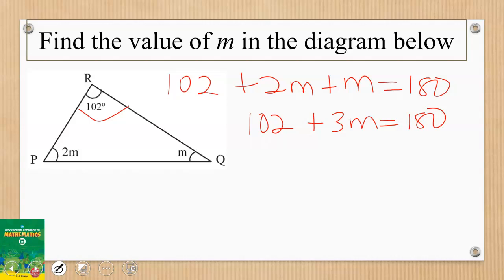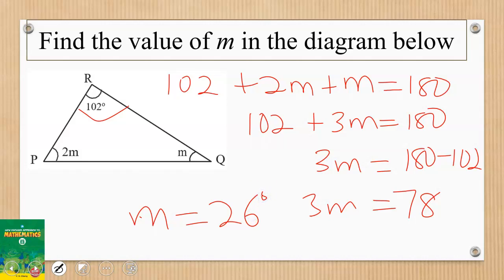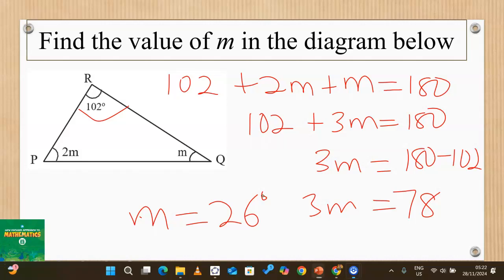Making m the subject, we have 78 here, and if we divide both sides by 3, we can say our m will be equal to 26 degrees. Right. Let's take the last example and see.